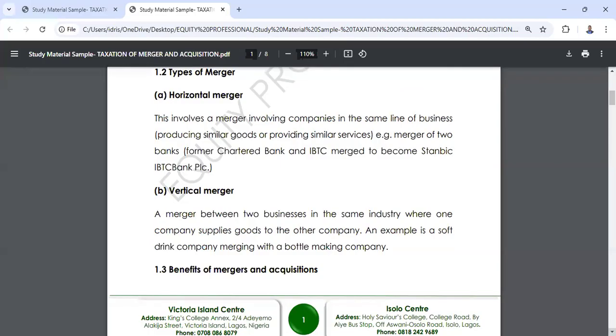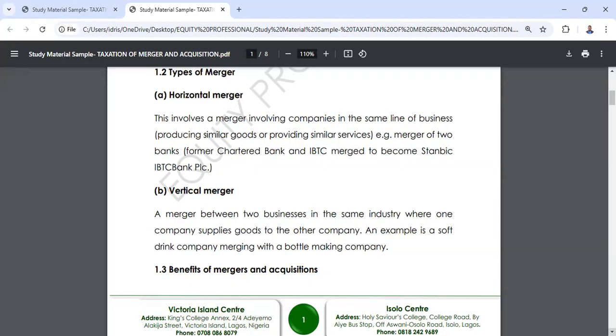In the same industry, but different line of business. They now join together to become a new company. That is what is called vertical merger.